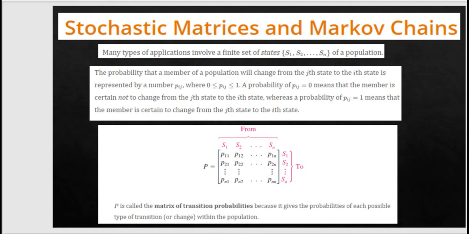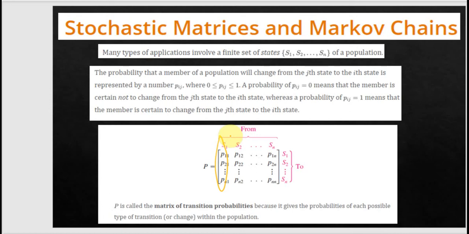For the matrix, the state would actually represent the column. So each column in the matrix represents a state. When you produce the so-called matrix here, this is the matrix P. It's the transition matrix of probabilities.